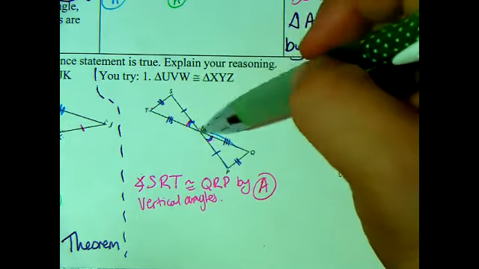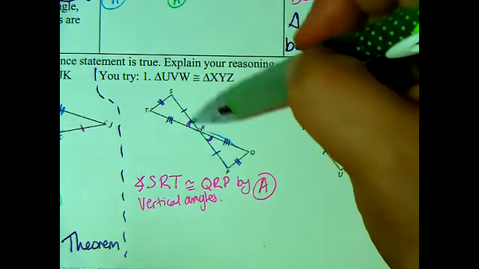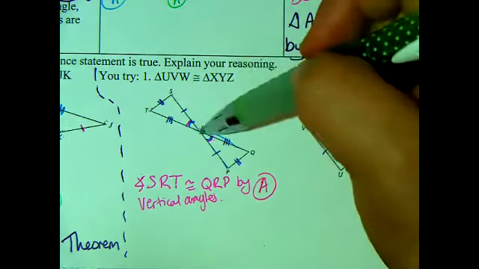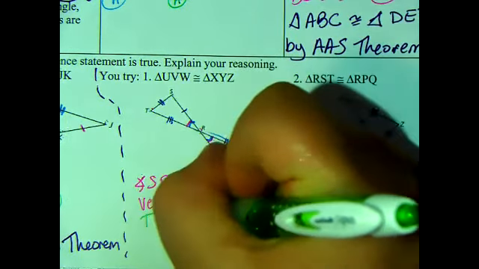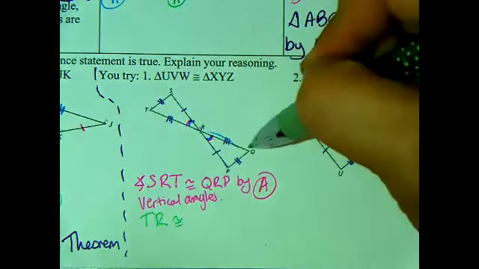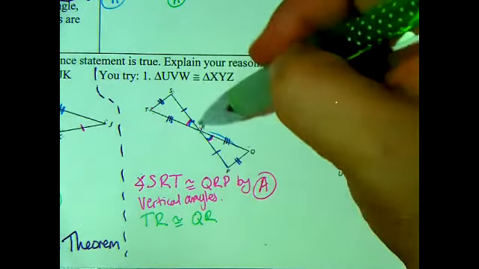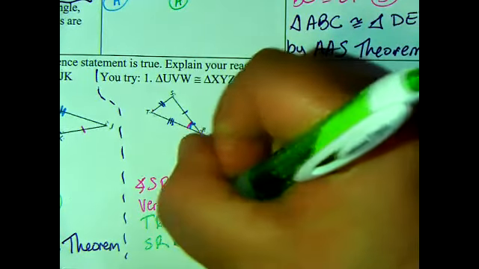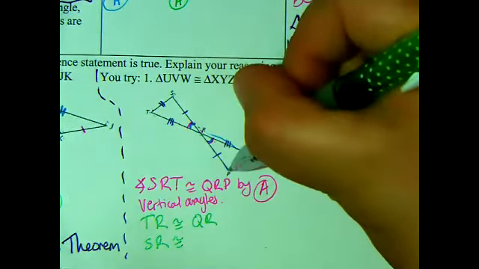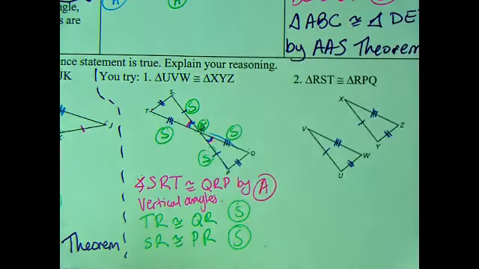The 2 sides that include this angle here are TR and SR. So TR is congruent to QR here, and SR is congruent to PR here, thus giving me my two sides. So then I have side, angle, side.